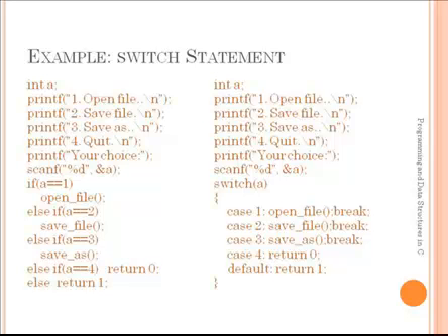Those are all functions. Let's assume you entered 2, then 2 is assigned to a. The matched case is case 2, which saves the file. Whenever it sees the break, the switch statement is exited and it goes to the next statement following the switch statement.